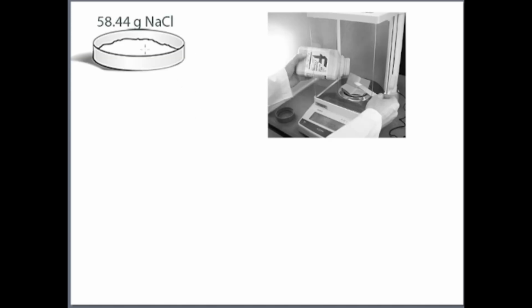If we're talking about sodium chloride and you wanted to make a 1 molar solution, you would take 58.44 grams. That's approximate, it's a little bit more than that, but 58.44 grams of sodium chloride. You'd weigh it out, and then you would bring it to a final volume of 1 liter, and you would have 1 molar sodium chloride.